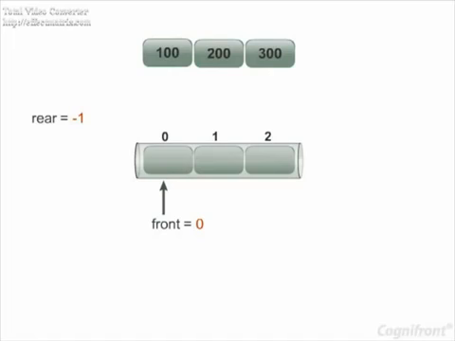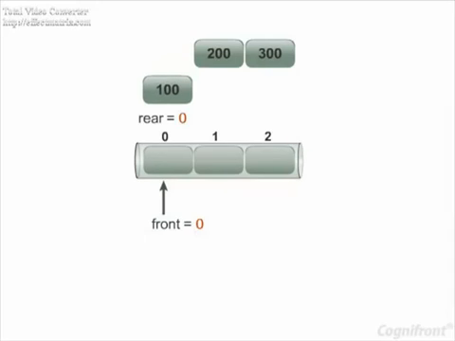Suppose we want to add number 100. Then rear is incremented by 1 and it becomes 0. Thus, number 100 is added at the start of the queue. Next, we want to add number 200.